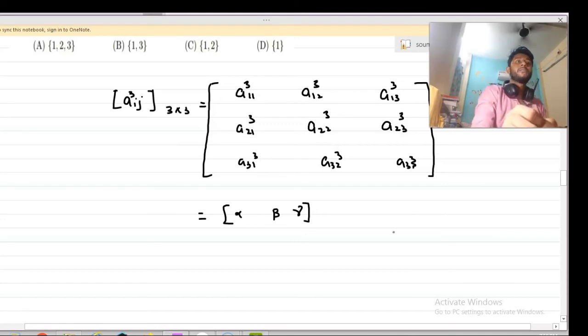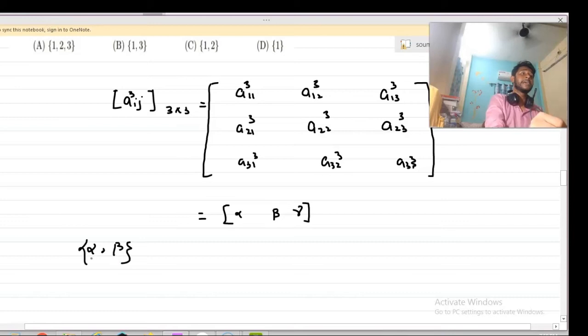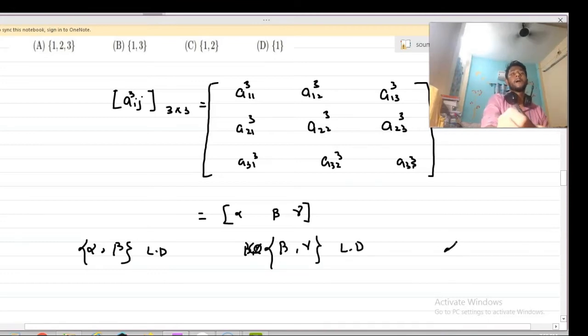It means if you choose any two vectors among these three, they will be linearly dependent. So alpha, beta is linearly dependent; beta, gamma is linearly dependent; alpha, gamma is linearly dependent.